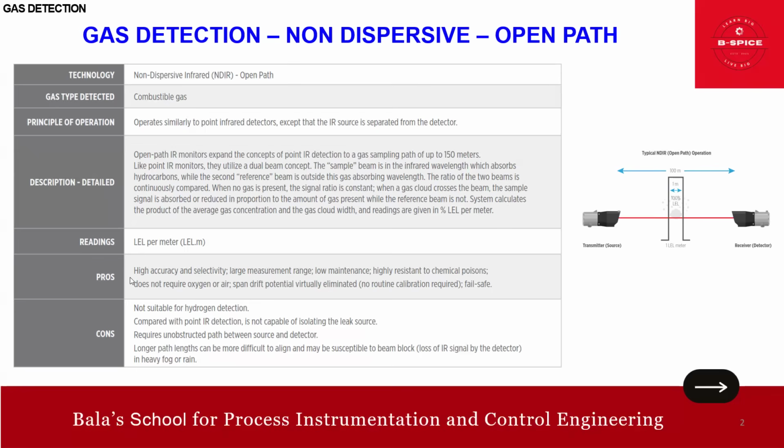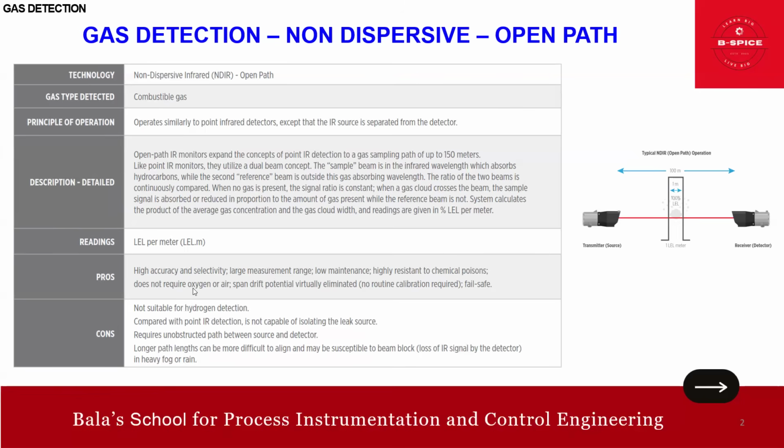When we talk about the pros, yes, it has high accuracy and selectivity, similar to point type. Large measurement range, similar to the point type. It's low maintenance, very good news, similar to point type. It's highly resistant to chemical poison, unlike the semiconductor type, which was subjected to poison, but here we don't have that challenge.